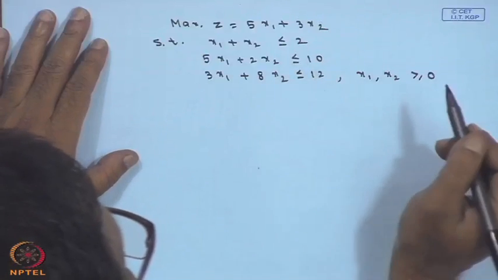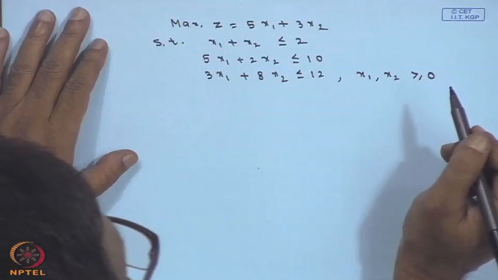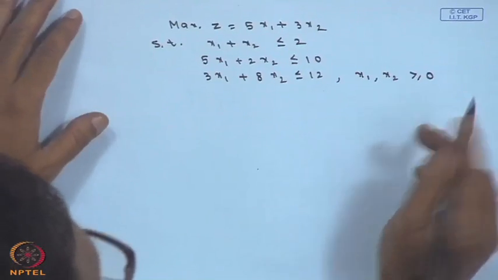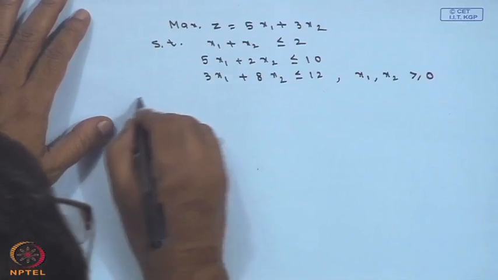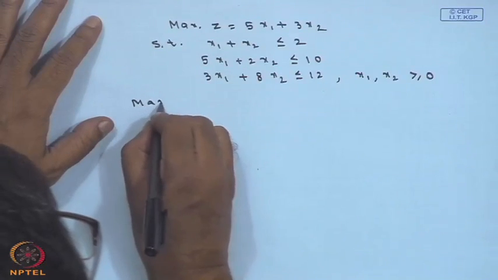Since three less-than-or-equal inequalities are there, I have to introduce three slack variables, and we write it in the standard form like this.